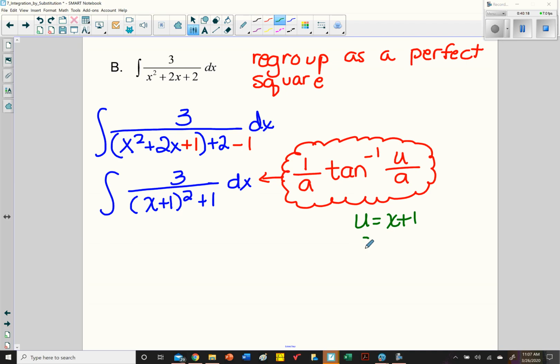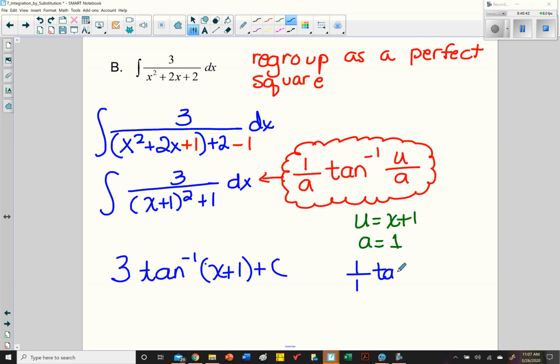Then a is the 1 to follow this pattern. And our integral would be 3 tan inverse of x plus 1 plus a constant. And the 3, we just pulled the 3 out here, which is this 3, our 1 over a, and tan inverse of u over a is where this came about. So one more lesson to go, and we'll be finished with chapter 6 or unit 6.